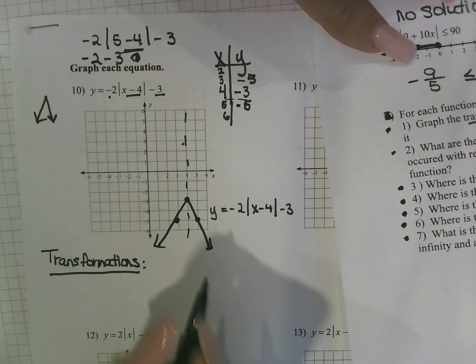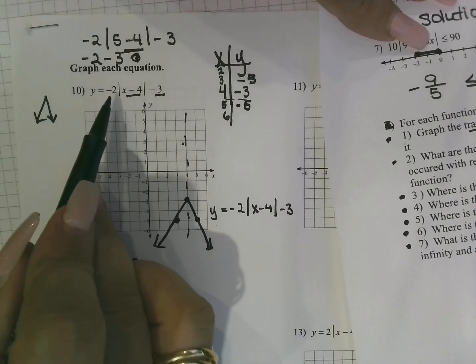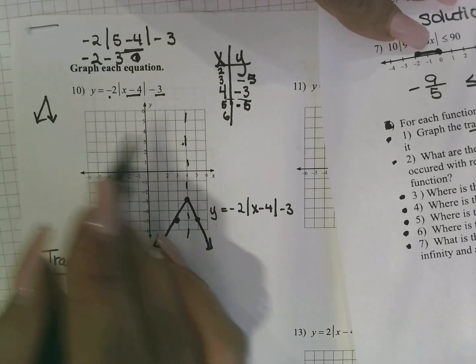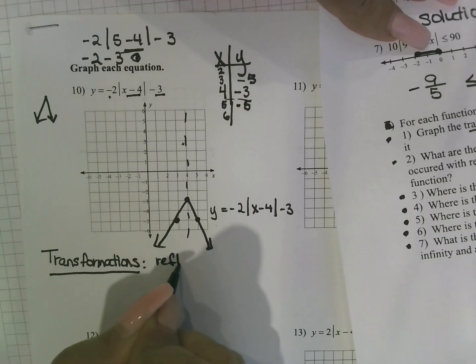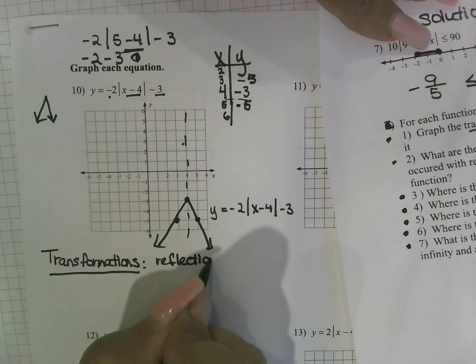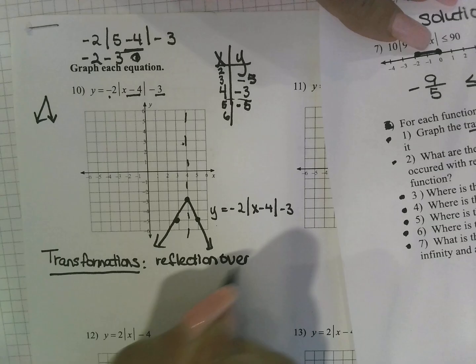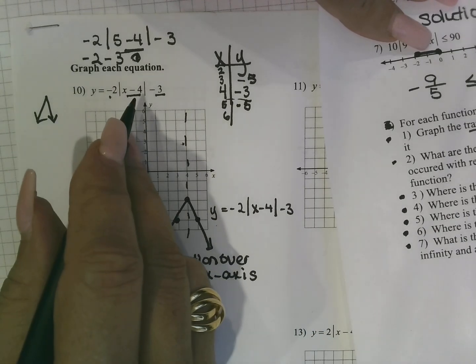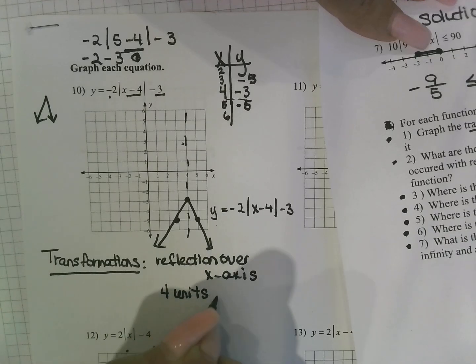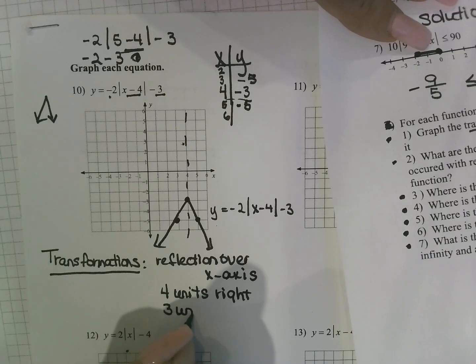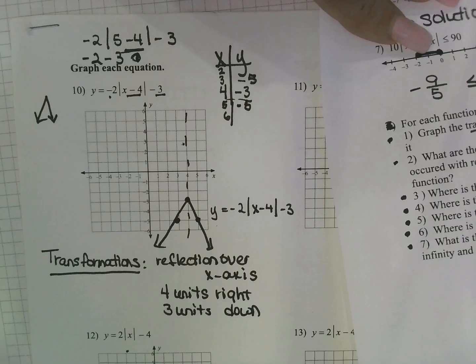Let's see, can you tell me what they are? Well, there are 3 of them, and you can give them to me in whatever order you want. Reflection over the x-axis, that's 1. 4 units right, and 3 units down. Okay?